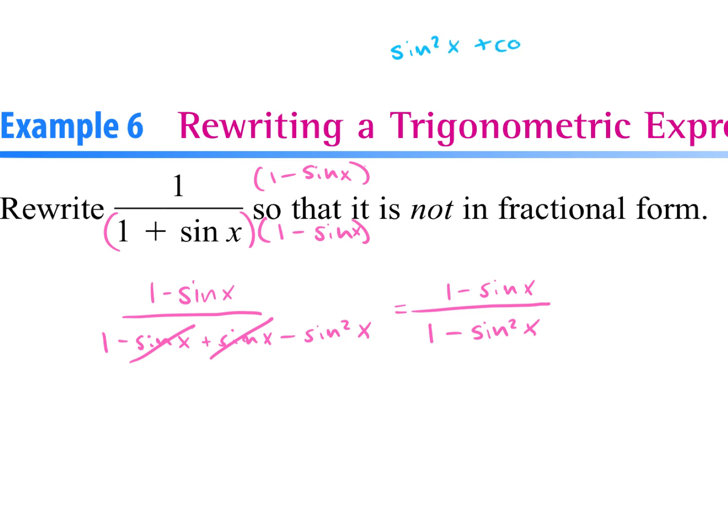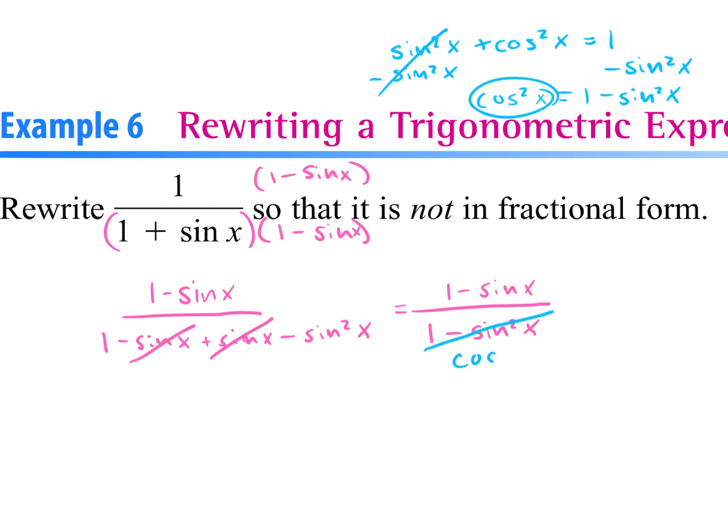Sine squared plus cosine squared is equal to 1. How can I make this 1 minus sine squared? Subtract the sine squared. So what is 1 minus sine squared equal to? Cosine squared. So I'm going to replace this 1 minus sine squared with cosine squared.